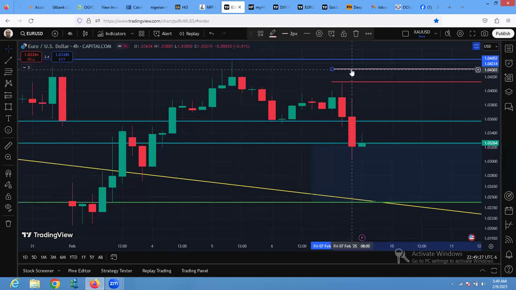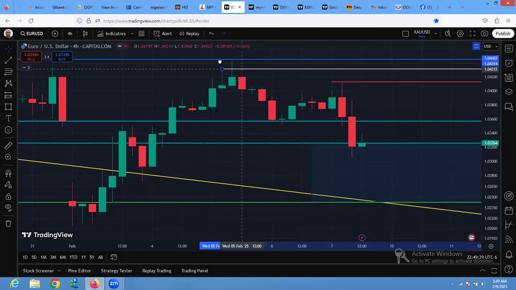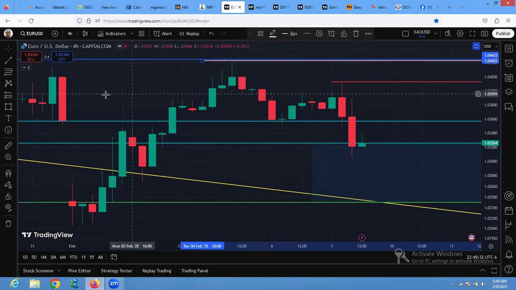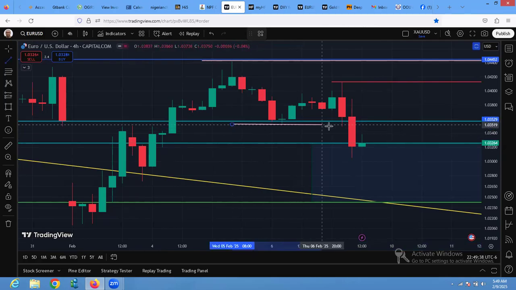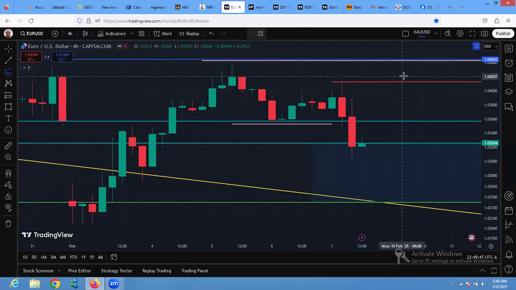If I use this from this point to this point, that's the point of your A, your B, and your zigzag to the downside will be anything in between here, the point of A, back to B.